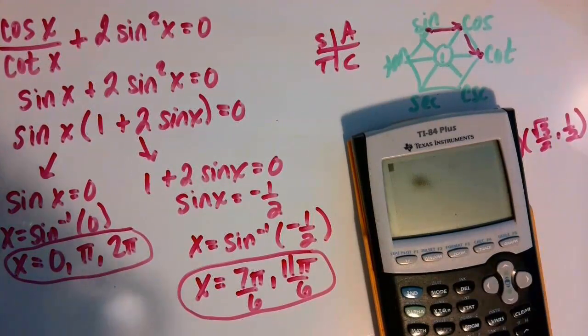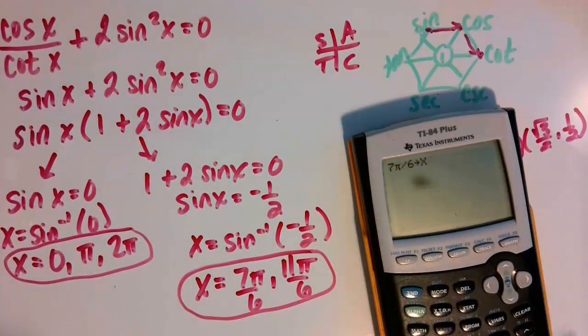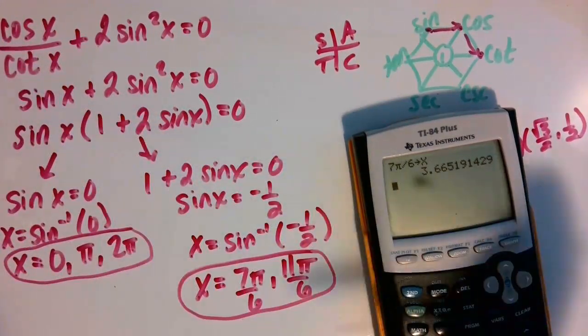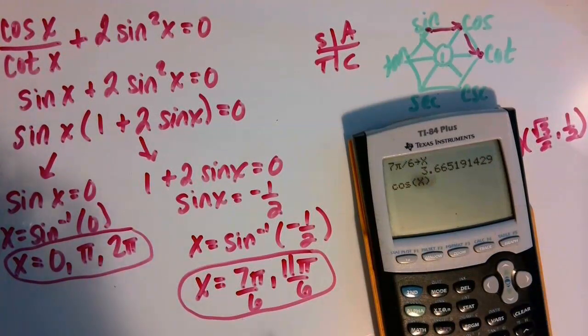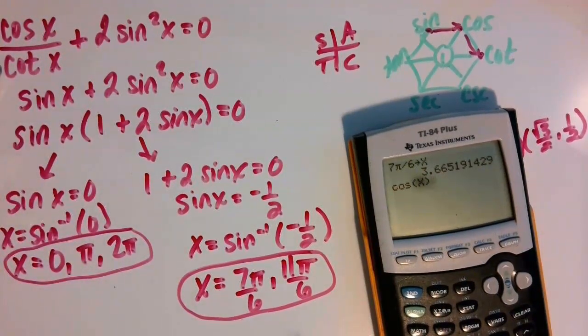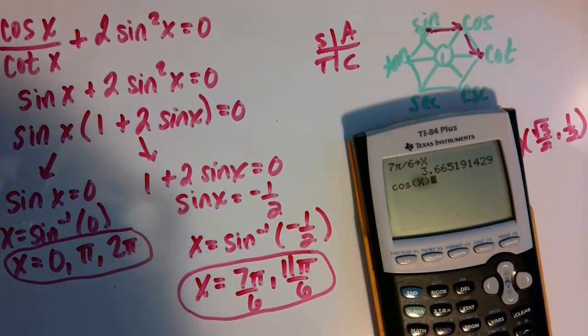And then we're going to store our answer of 7 pi over 6 as the x. And then we'll put in our original equation, which was cosine of x divided by cotangent. We don't have a button on the calculator for cotangent, so we're going to use the reciprocal identity, and instead of dividing by cotangent, we're going to multiply by the tangent.